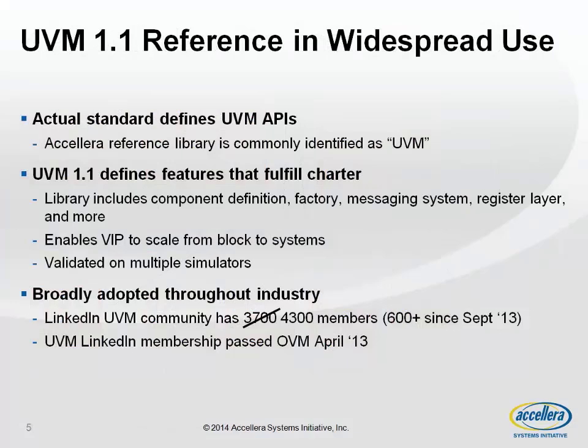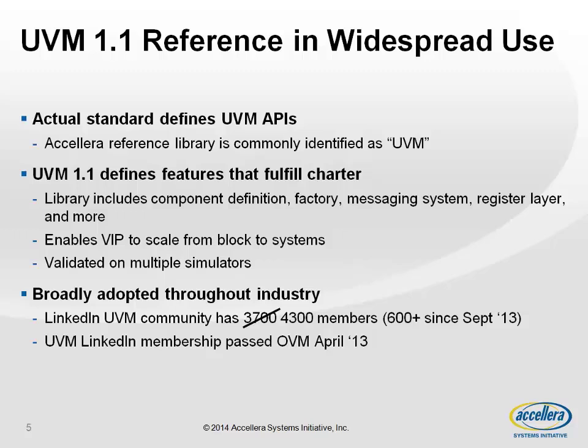So 1.1 reference, and that's the way most of you will work with this working group, is to use the reference implementation. It's in very widespread use. We commonly talk about the library as UVM, but really as a standards organization, it's the language reference manual that defines UVM. The reference library is an implementation of that standard.